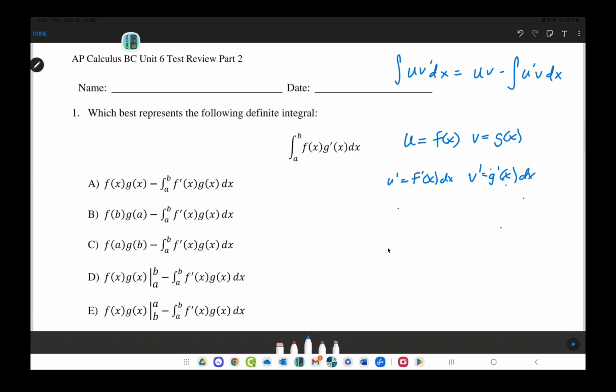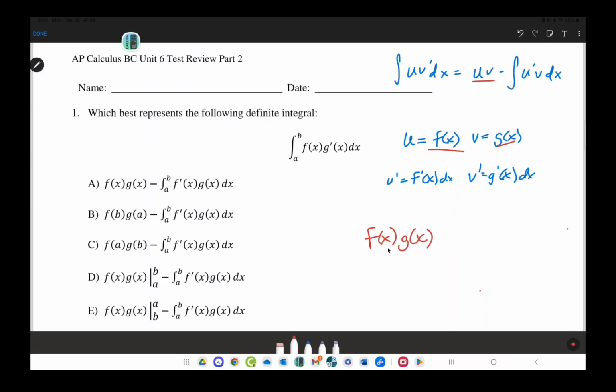So now, since we don't actually have values here, since we have bounds in this case, what do I have to do with the f of x and the g of x when I plug this in? So it's f of x, g of x.